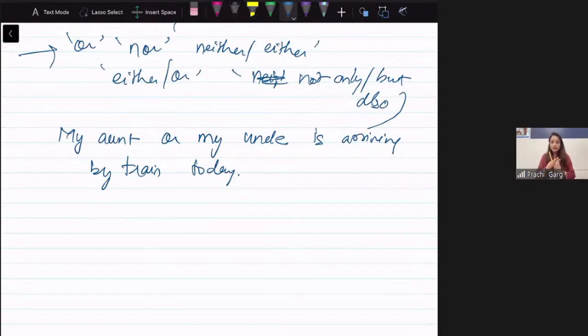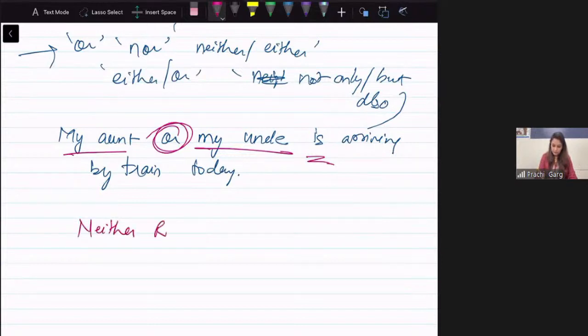If both were coming, I would be using and, not or. So when I use or, either of these two people is coming today, so ultimately one person is coming. These subjects are connected by or, which means we will be using a singular verb here. Clear?